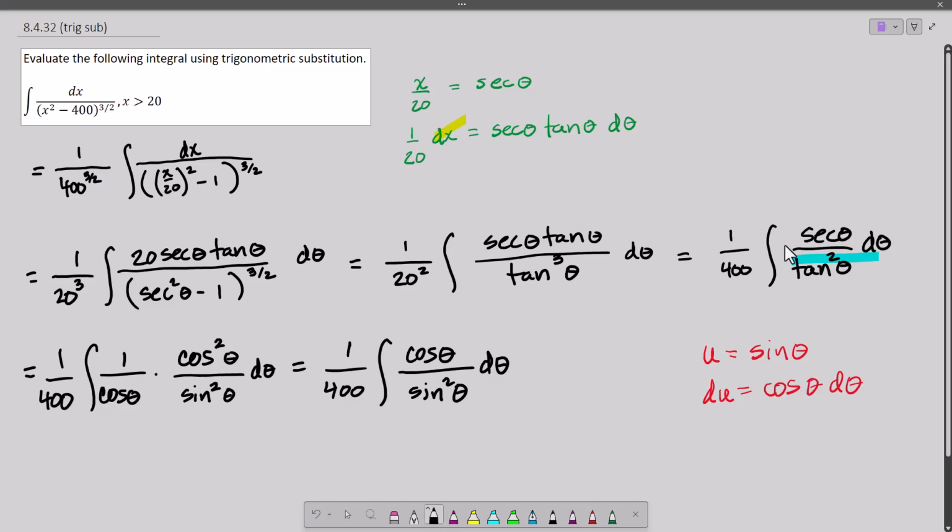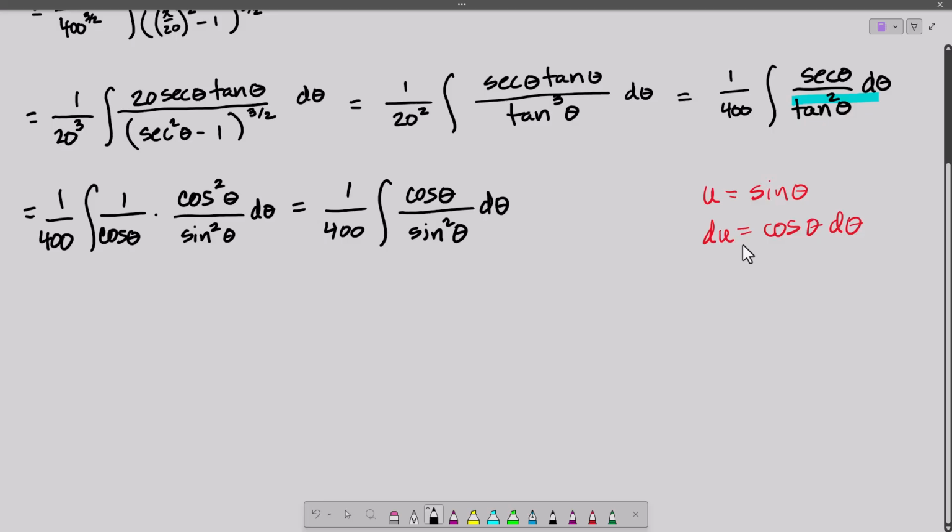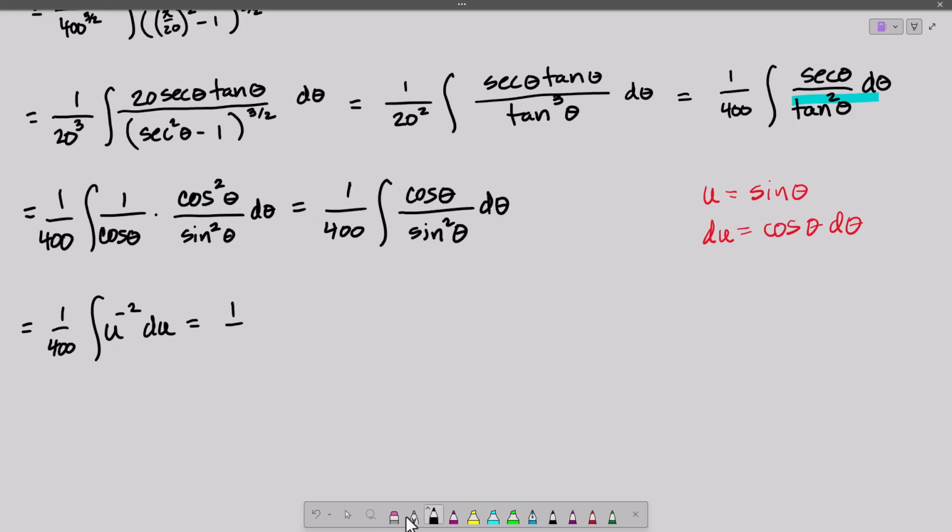So this is going to leave us with 1 over 400, and we are going to have du over u squared, which we're going to write as u to the negative 2 du, so that we can integrate this using our power rule. We add 1 to the exponent and divide by the new exponent. That gives us negative 1 over u plus c.